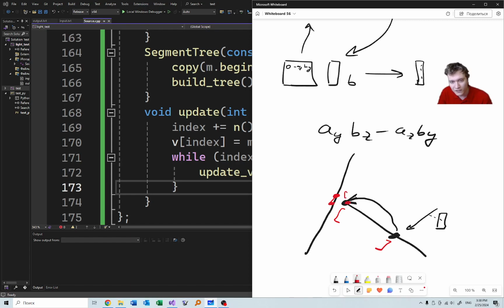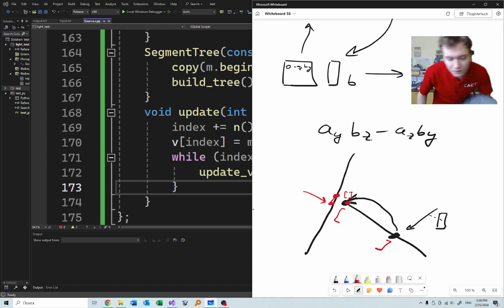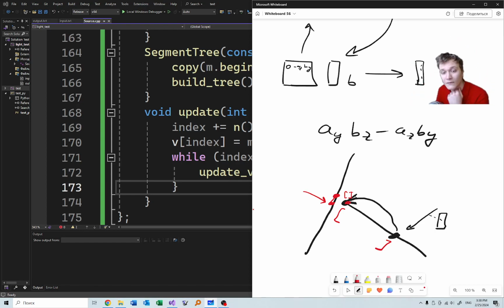So here we know the vector, so we would like to know the vector in this vertex. But in order to calculate it, we will need the matrix in this vertex, and we need a suffix query. So we need both prefix query and suffix query. And also we need to know what is written here.